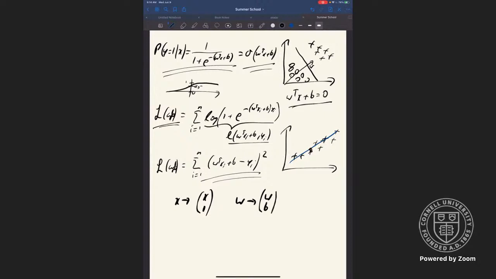If I call this W bar and this X bar, then W bar transpose X bar is the same thing as X transpose W plus b. So you can absorb the b completely in the vector W. So in practice, we forget about this b. Make sense? Thumbs up?